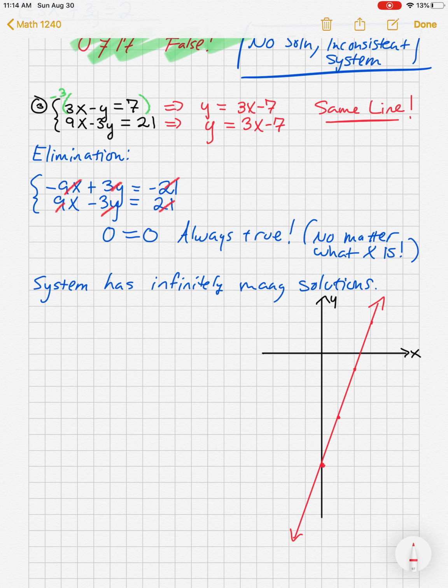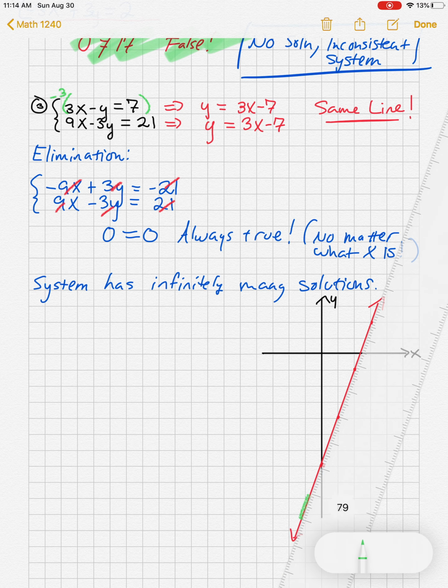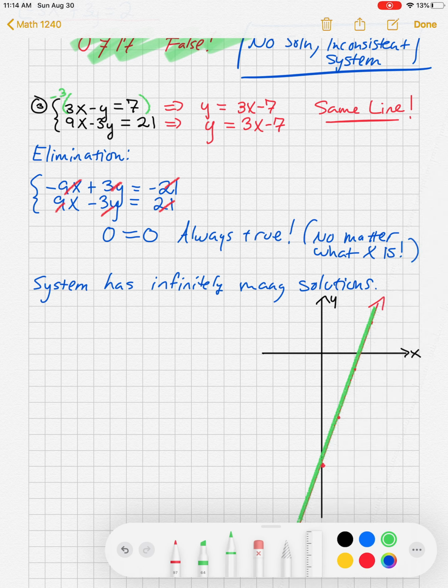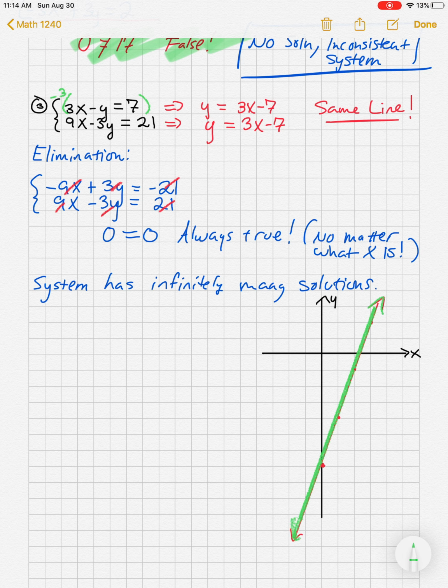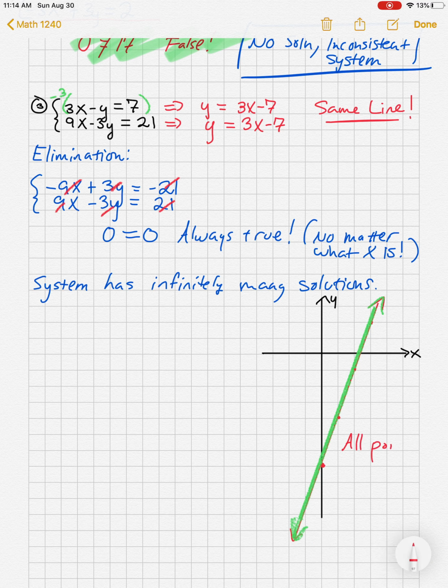All right, but then I have that line, and then the same line comes along and goes right on top of the first line. So then the question is, what are the intersection points of these two lines? But actually, if you look at what's going on graphically, all points on the line are intersection points.